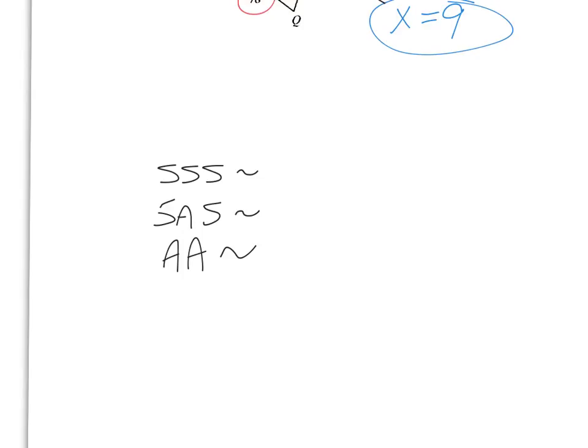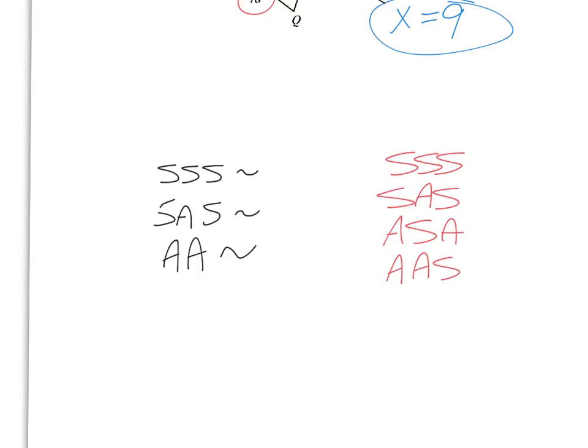Triangles congruent, I'm going to write it in red over here. We had SSS, SAS, ASA, and AAS. Now, the reason there's only 3 with similarity is because if we look right here, both of these have 2 A's, and those correspond to that. Okay, so that's the reason there's only 3 ways to prove triangles are similar, but 4 ways to prove triangles are congruent.